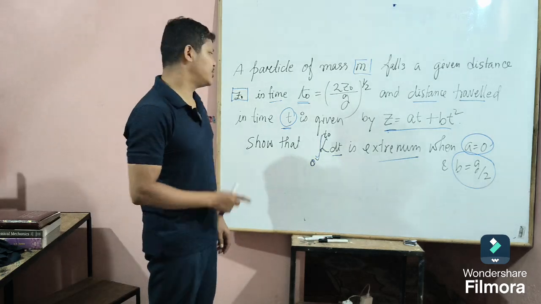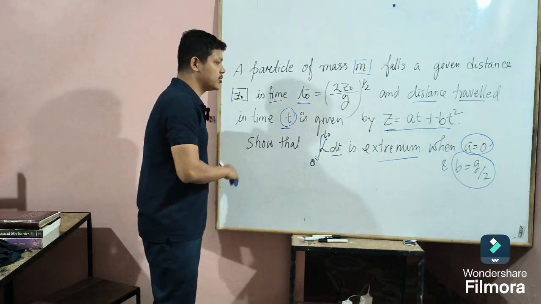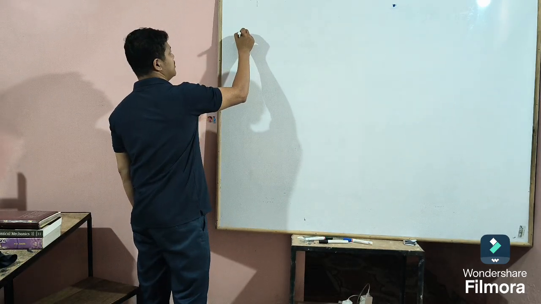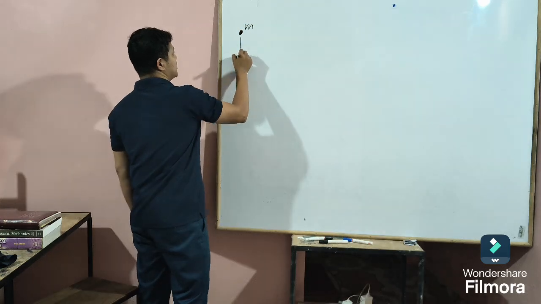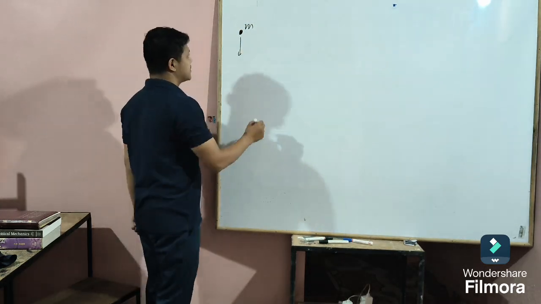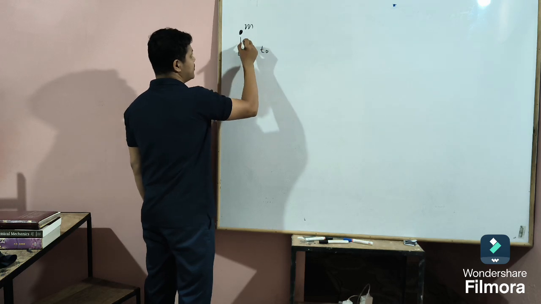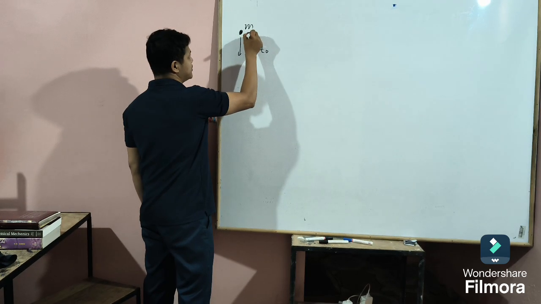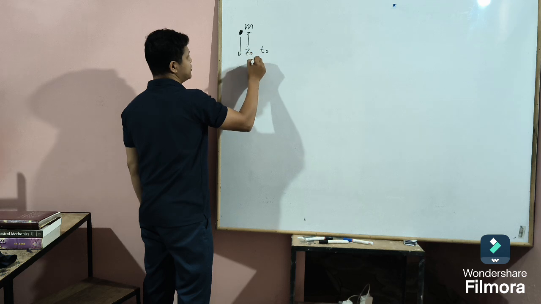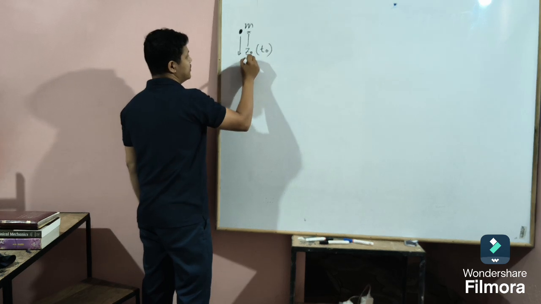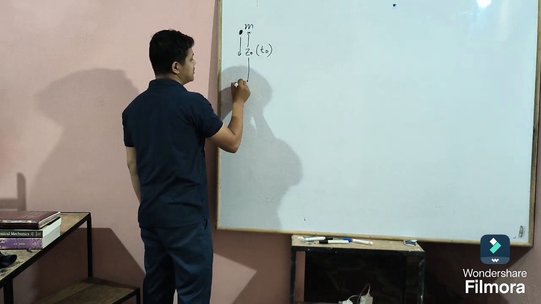Right, now note the question and let me clean this. Let us consider this is the particle of mass m. It is falling downward. In time t naught, it falls a certain distance, suppose z naught, which it falls in time t naught.